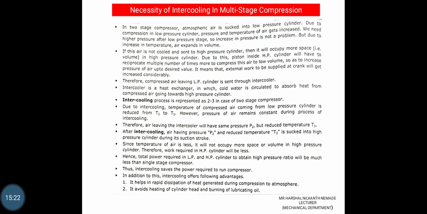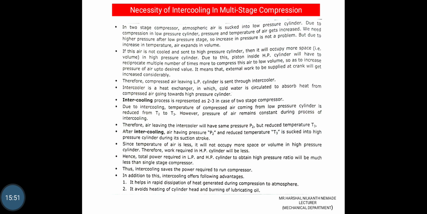Therefore, the compressed air from the low pressure cylinder is sent through the intercooler. The intercooler is a heat exchanger in which cold water is circulated to absorb heat from the compressed air going towards the high pressure cylinder. The intercooler process is represented by 2 to 3 in the case of a two-stage air compressor.